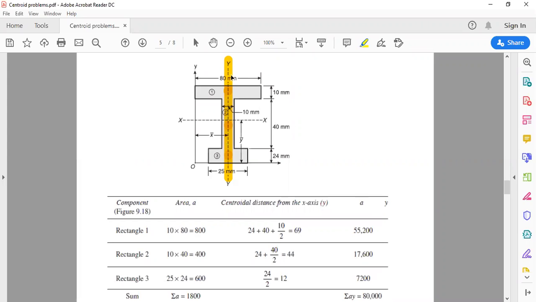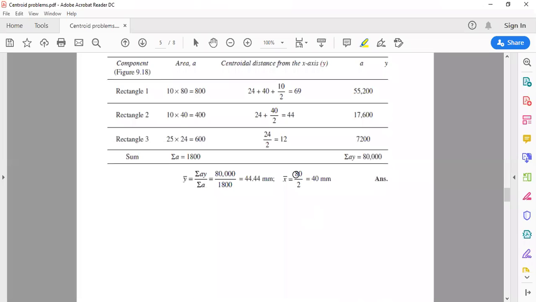It will be the distance between the reference y-axis and the axis of symmetry. And that distance is half of 80, which is shown here. So x bar is directly calculated as 80 by 2.